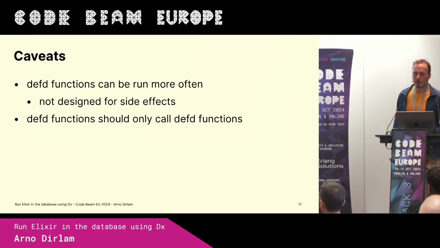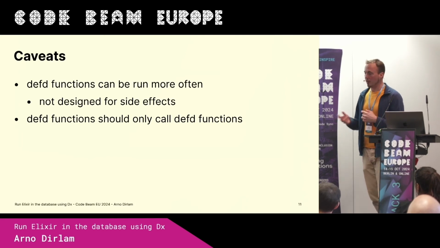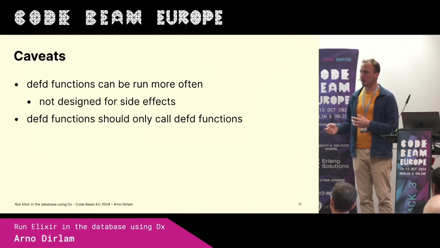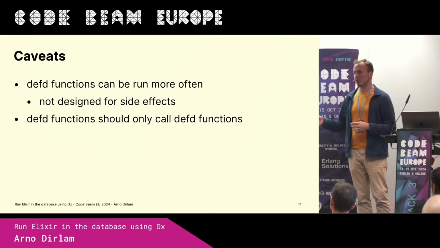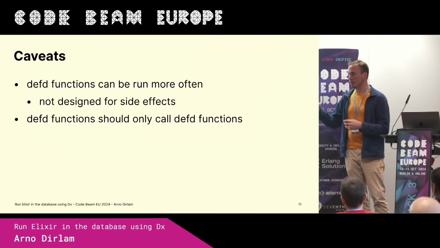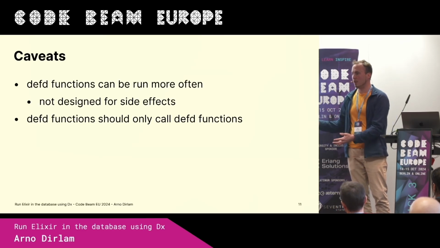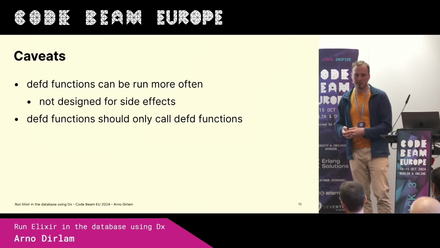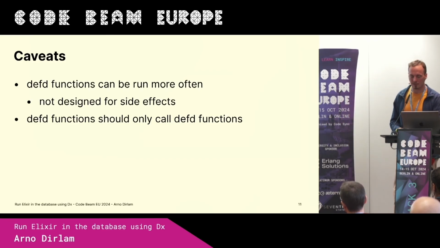And defd functions should only call other defd functions. They can actually call into non-defd functions, but then, of course, it cannot be translated to SQL, and inside of that, there can be no preloading because it cannot look into that if it's not defined by defd. But that works as well.